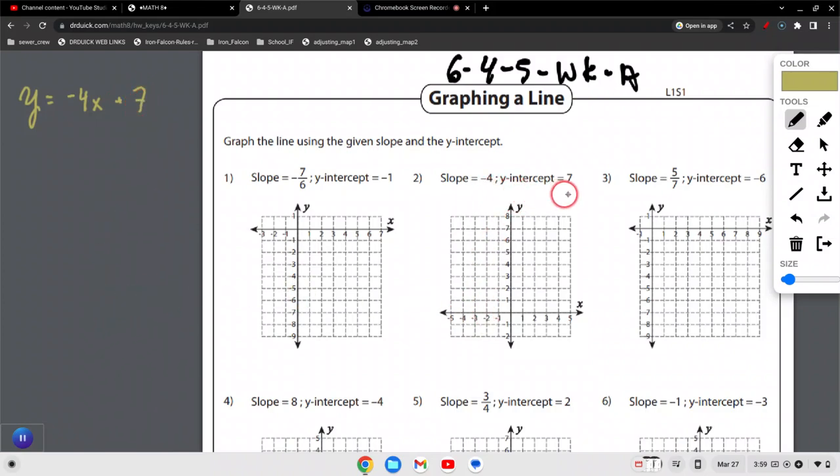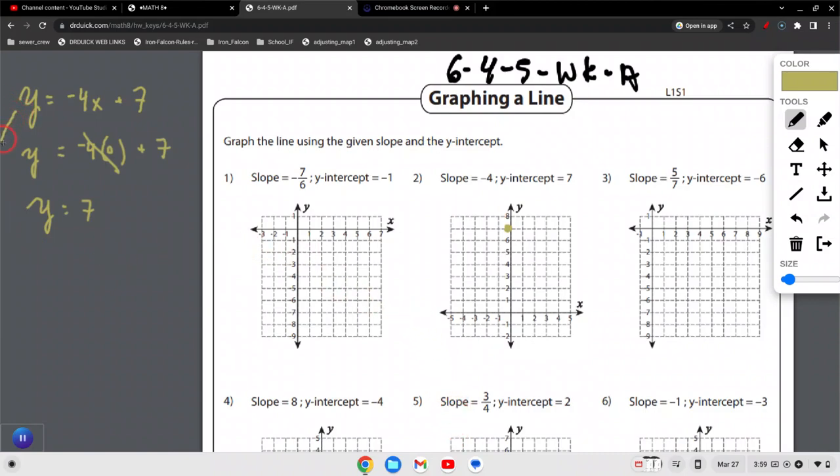Okay, make sure everything looks right. So the first thing I do is put 0 in for x. So this would be minus 4 times 0 plus 7. This, of course, would go away. I get y equals 7. So let's mark it. 1, 2, 3, 4, 5, 6, 7. This would be my first stop, right?